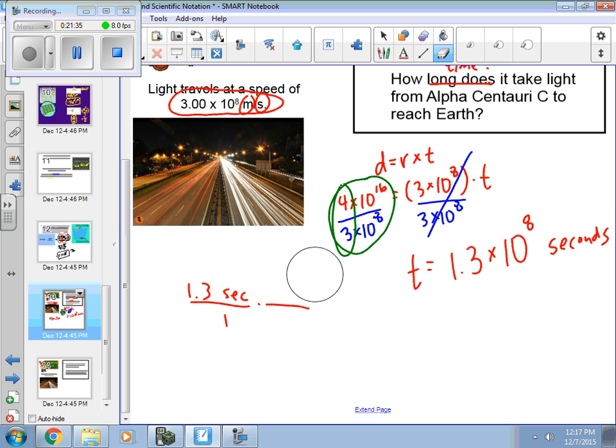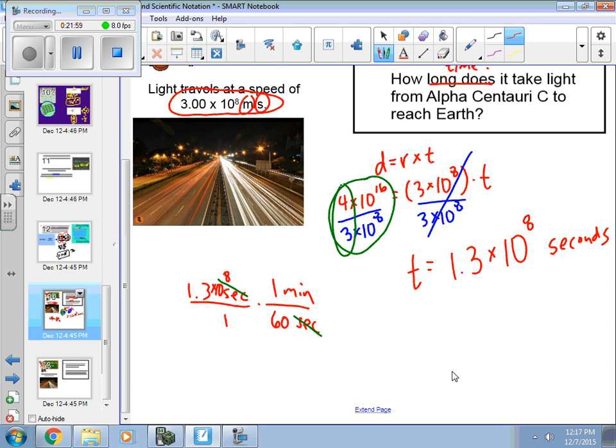We want seconds to cancel out. So we want to put seconds on the bottom and 1 minute on top, because now we've got seconds on top and seconds on the bottom. Those cancel out. We'd be in minutes. So if we divide by 60, that would change it to minutes. I think we're going to need to do a little bit more than that, though. I forgot our 10 to the 8th here.